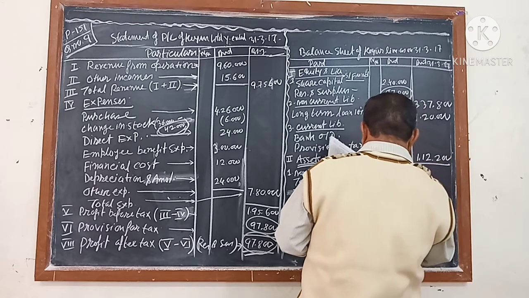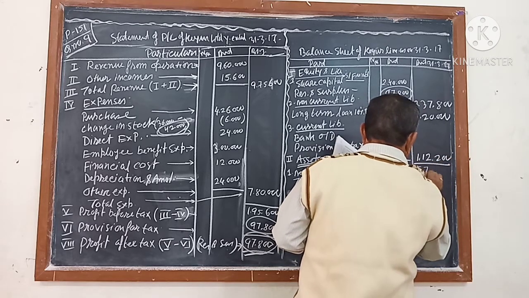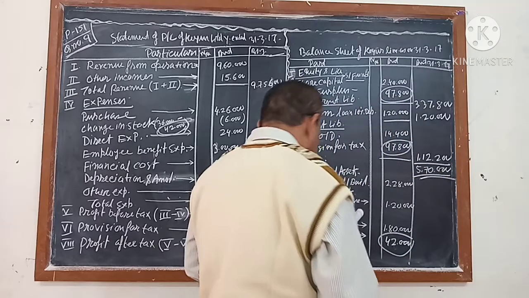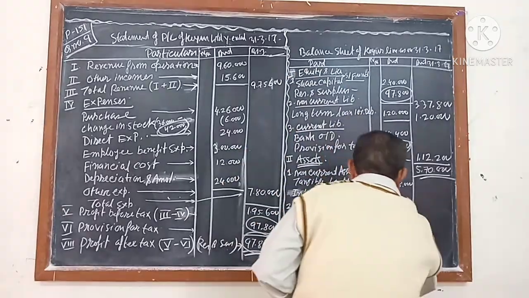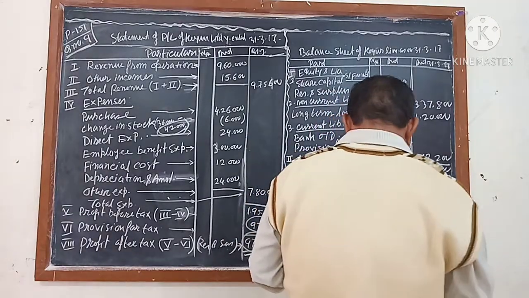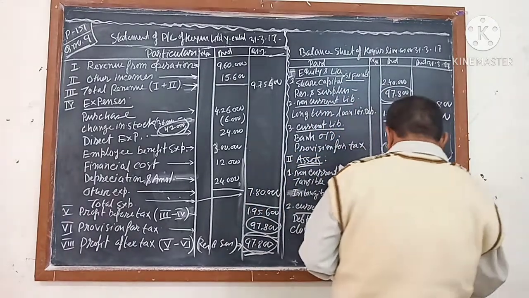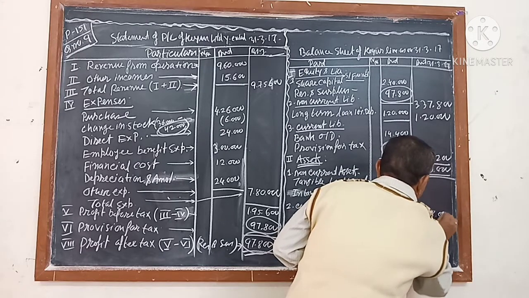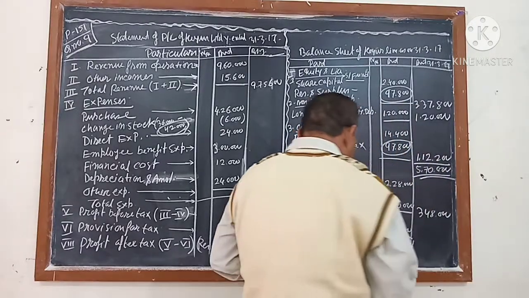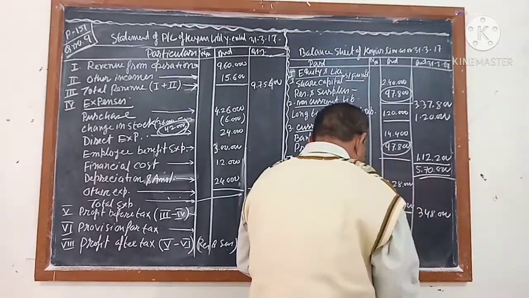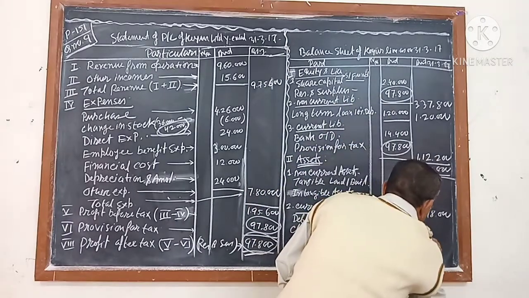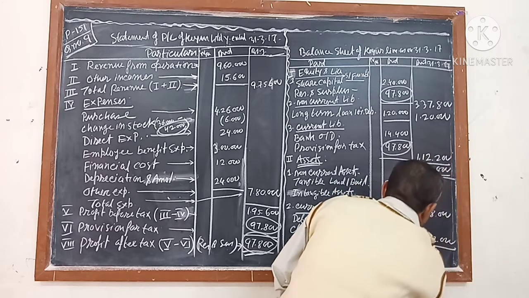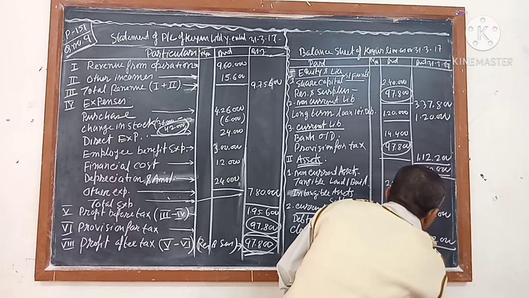If you add it, you will get 5,70,000, which is your total liabilities. And total assets, if you add these two, you will get 3,48,000, and these two, if you add, you will get 2,32,000. And if you add, this should come to 5,70,000.